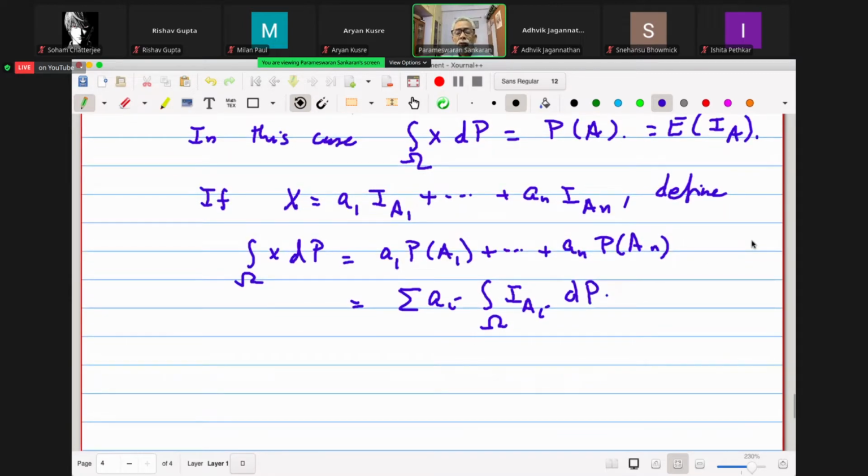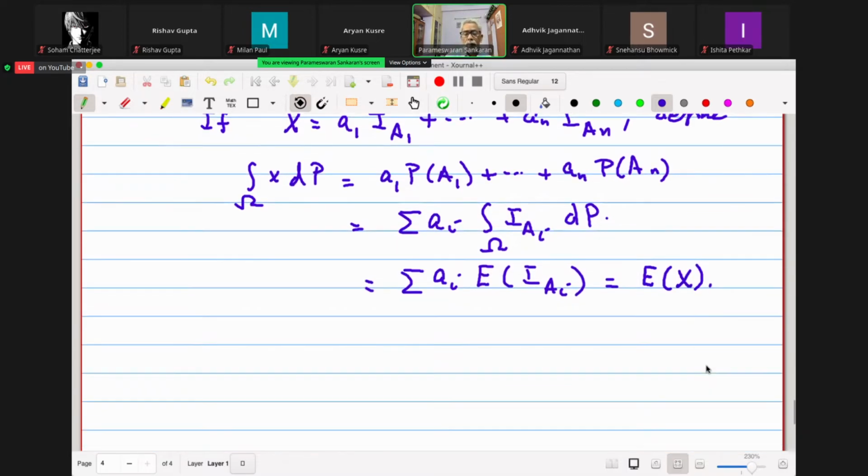And so when you write it like this, okay, now this means that I have a discrete random variable, and then this turns out to be equal to summation ai expectation of I_Ai, which is exactly the expectation of X, nothing else. So in this case, it is just this.